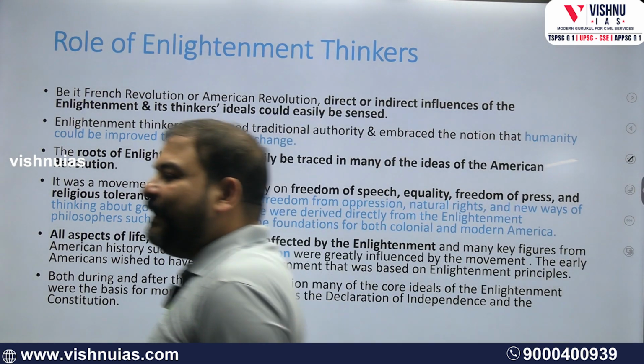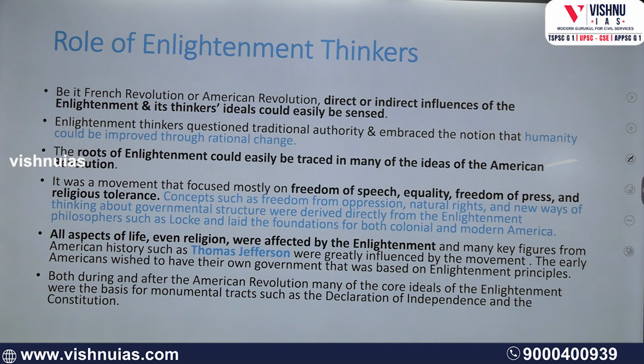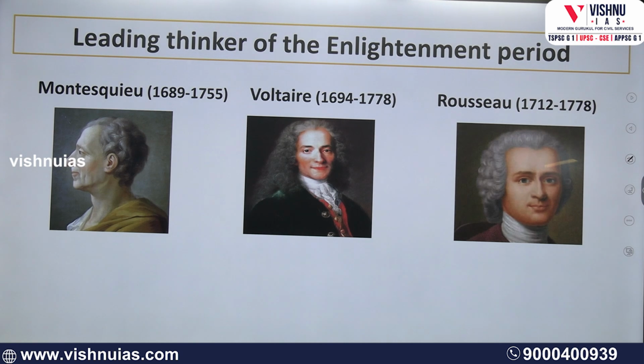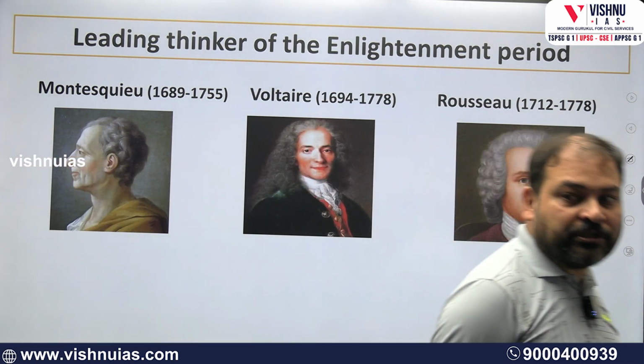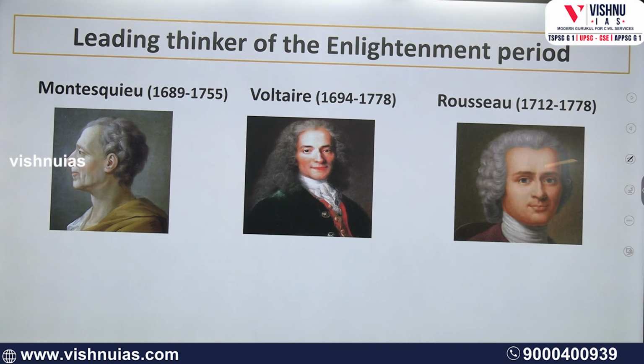All of you, Enlightenment thinkers were intellectual type people. I'll show you on the board. Montesquieu is there, Voltaire is there, Rousseau is there, Locke is there, Jefferson is there. There are so many people who have given their ideologies: why is the British wrong, what should the people do in all this, which we will do after some time.